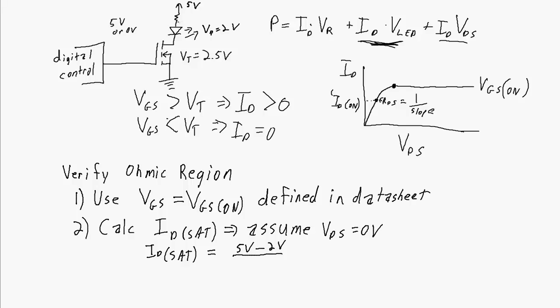We're connected straight to ground at this point. And let's say the resistance up here was just a really small 3 ohms because I need lots of current going through here. So 5 volts minus 2 volts over 3 ohms. My ID sat, let's say, is 1 amp. And I haven't defined an ID on for this, so just to make this work, let's say the ID on was equal to 1.3 amps.